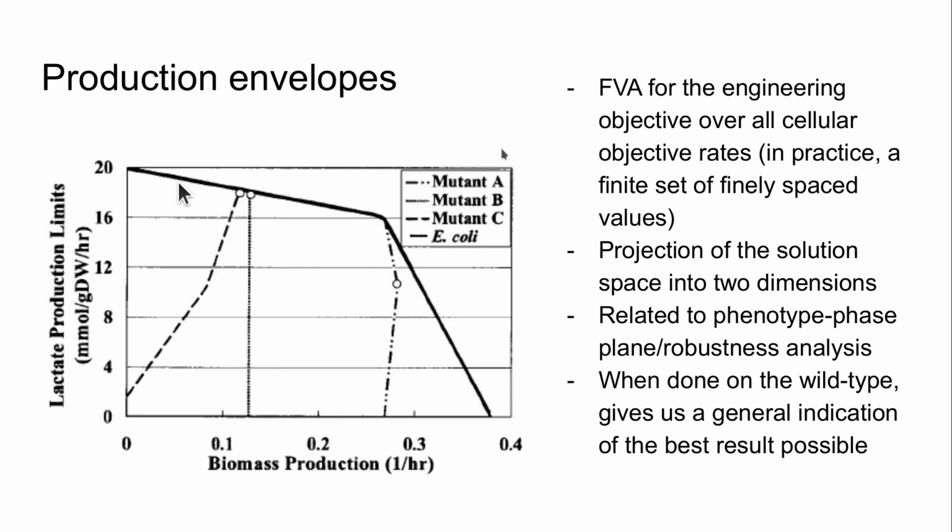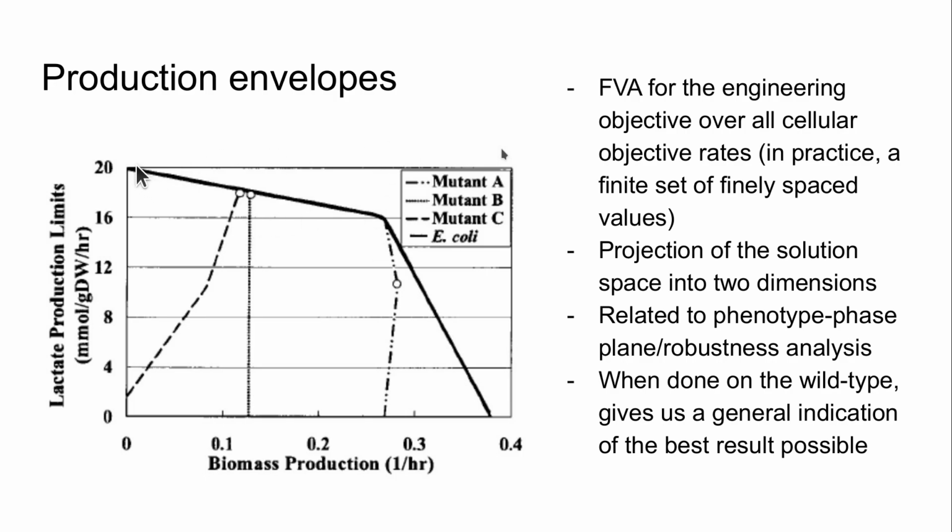We introduced these when we showed the metabolic pathways and how the solution space adapted to the knockouts we did. Essentially, what these production envelopes tell us are the upper and lower bounds for the metabolic objective given a certain cellular objective and for a specific mutant.